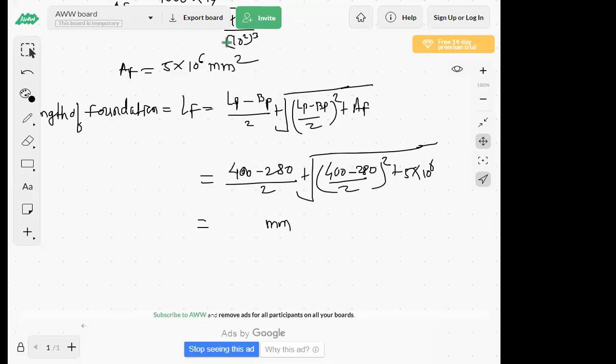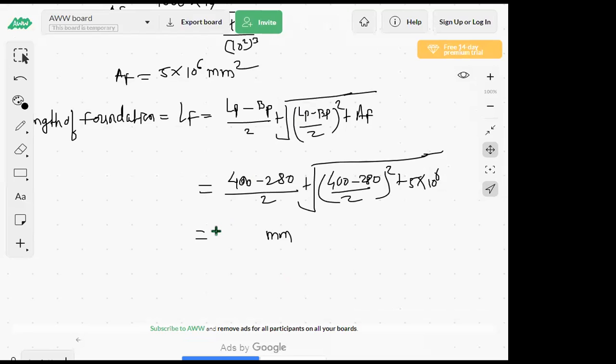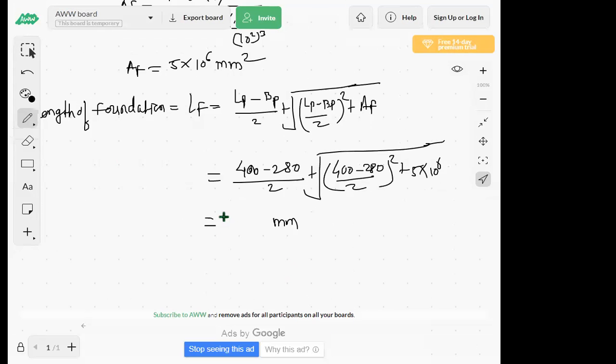What is the value? How much length of foundation? 2311.30 mm. So we will increase this. We will provide 2500 mm. 2.5 meter. It means we will provide 2.5 meter.